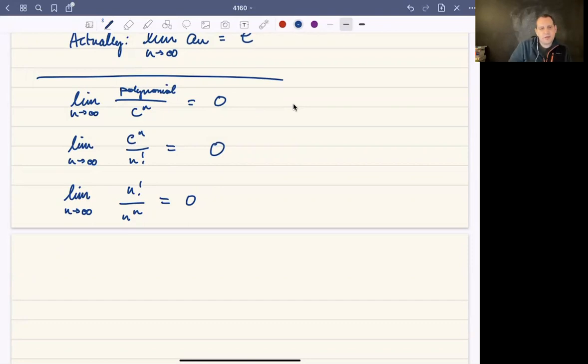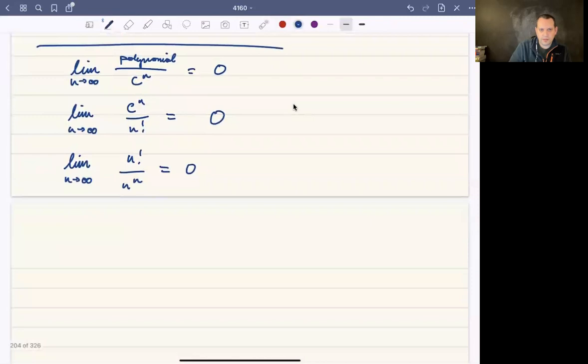And in fact, I just want to say a little bit more about this. The fact that polynomials grow slower than exponentials also tells you that logs grow slower than polynomials, right? So if you take a log of both of those, then the log of a polynomial is basically log n.